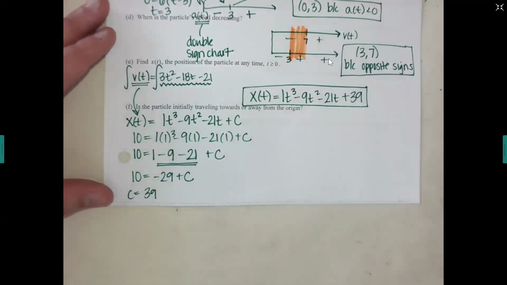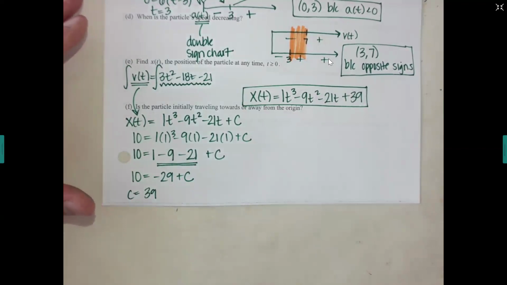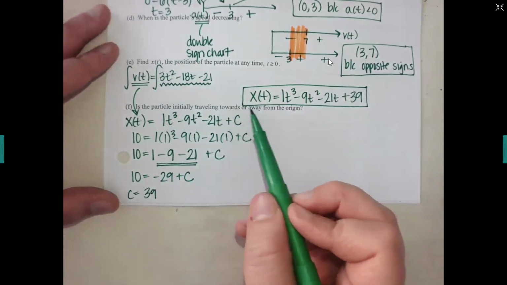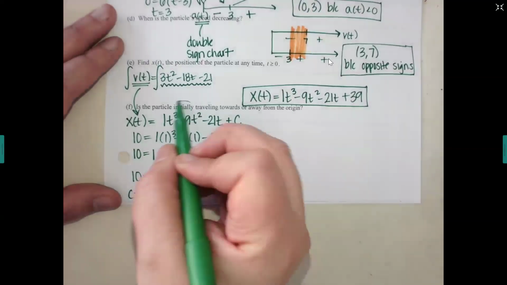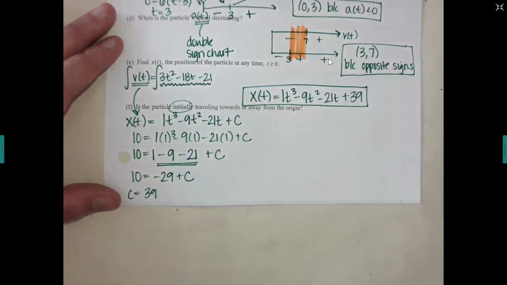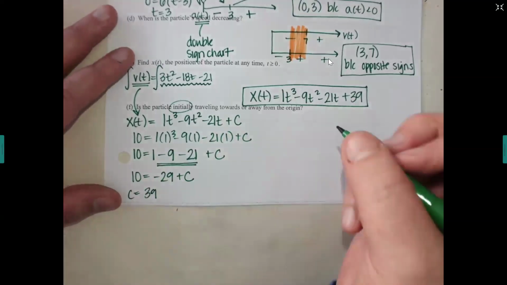All right, last question that it asks you is if the particle is initially traveling towards or away, what 2 things do you have to consider for towards or away? There are only 3 choices out of position, velocity, and acceleration. Which ones matter for towards or away? Position and velocity. And if it says initially, what time do we care about? 0. Very good.